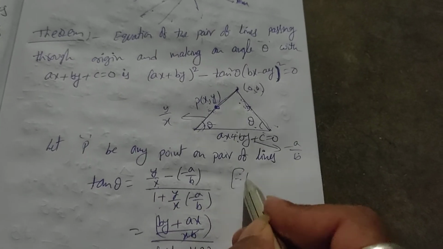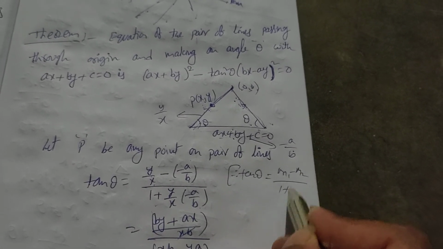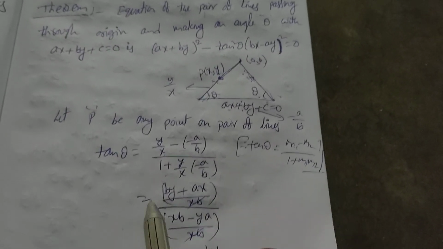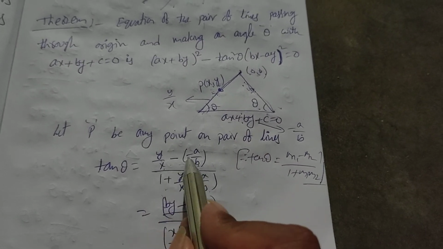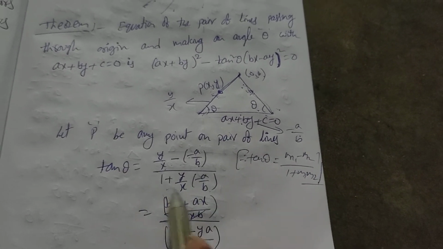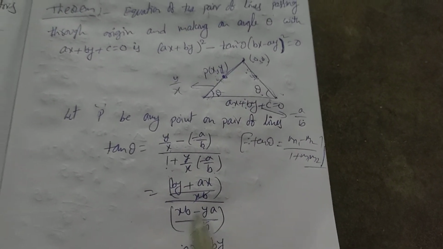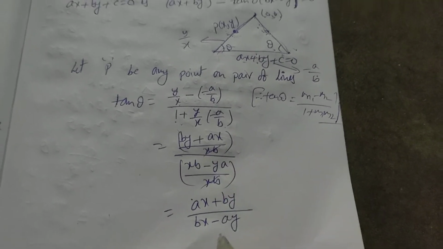The formula is m1 minus m2 by 1 plus m1 m2. If you simplify, xb is the LCM, minus into minus gives plus, so ax by xb, and xb minus ya by xb gets cancelled. We have (ax plus by) by (bx minus ay).